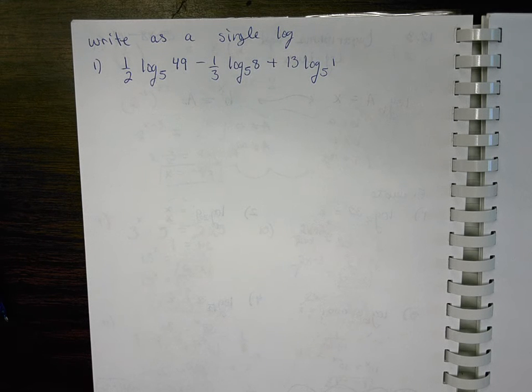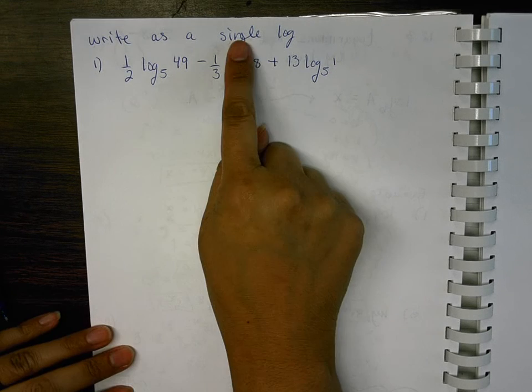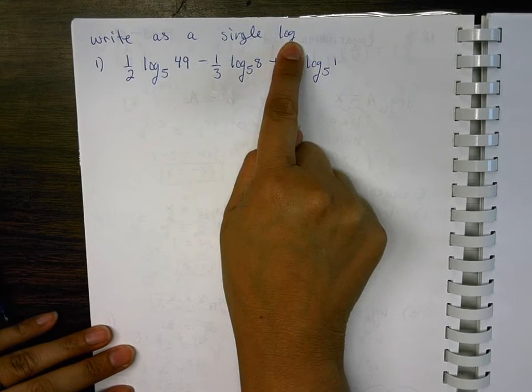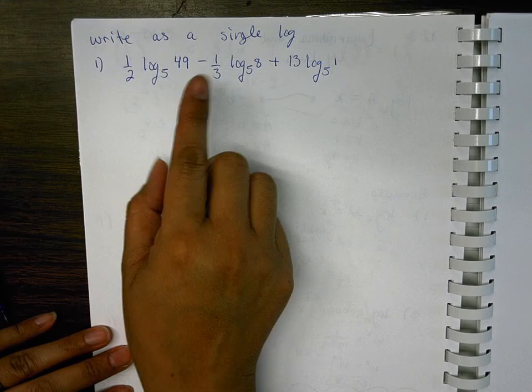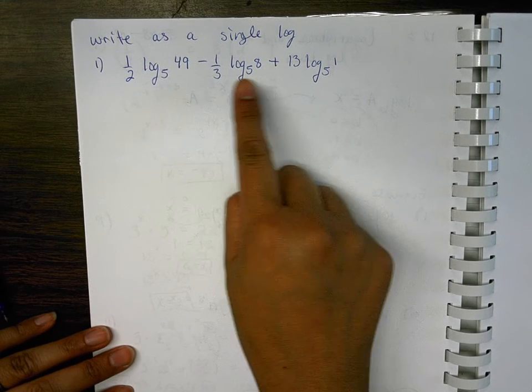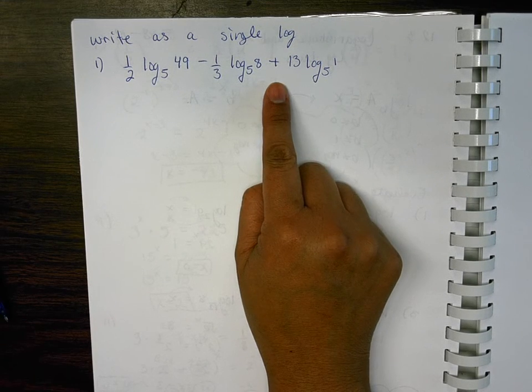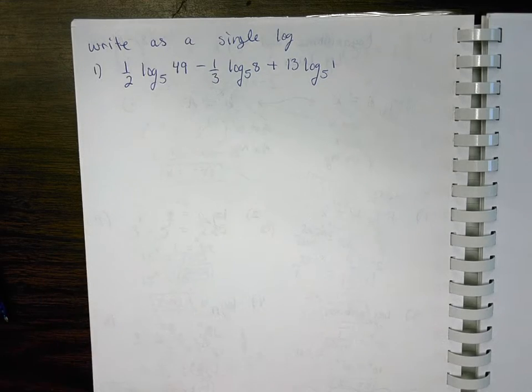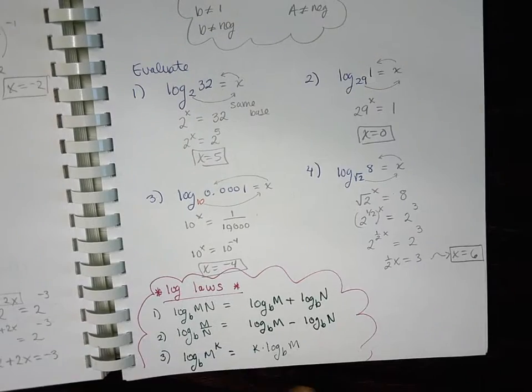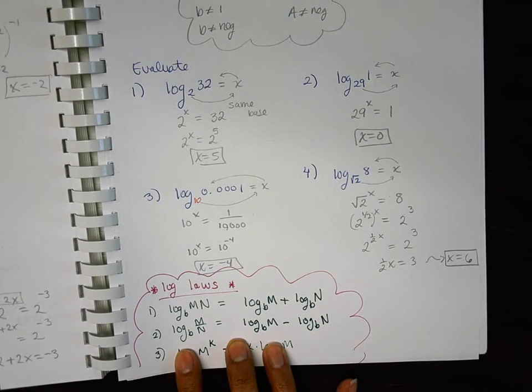All right, I'm going to speed up a little bit here only because it is review and we are running out of time. I want to condense it to a single log. Okay, in order, we know subtraction becomes division and addition becomes multiplication. Before I do all that, if you look back to the log laws, the numbers 1 and 2, did they have any leading coefficients?